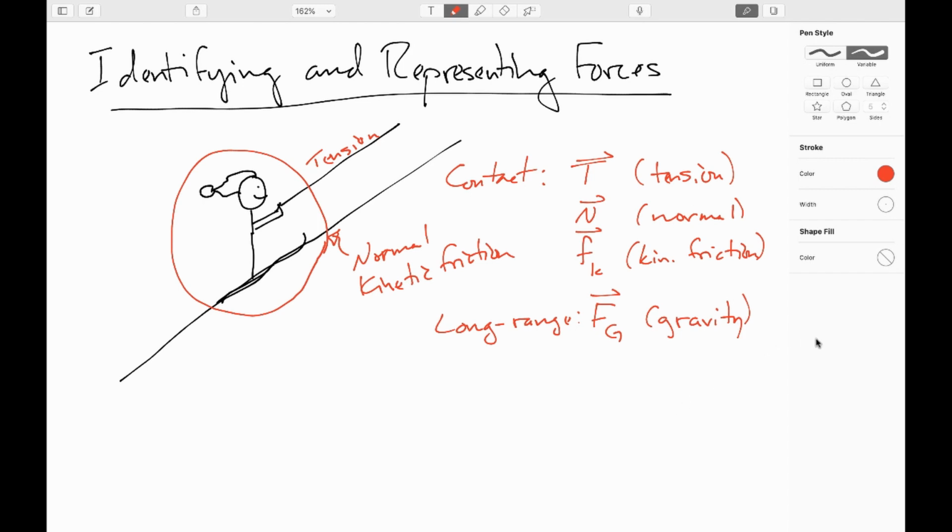As we get into gravity later, you will see that I'm not the biggest fan of calling it W for weight, but I will hold off on that until the appropriate point. But just know that my preferred notation is F sub g. Okay, so with that, we've identified all the forces that are acting on the skier. So this is what's called a force identification diagram.